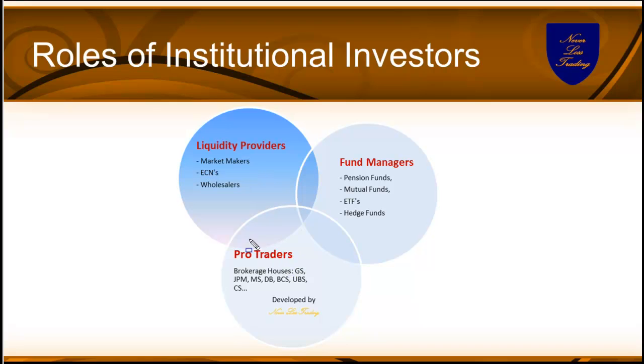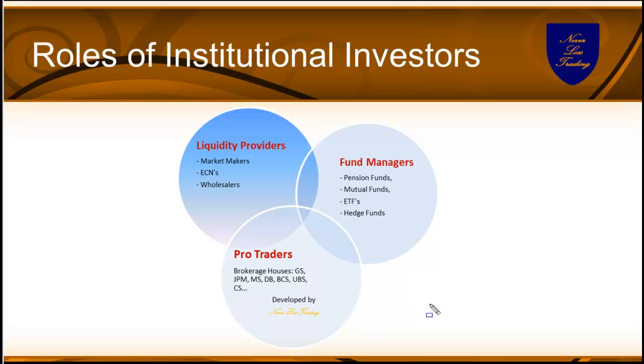Then you have the big bunch of pro traders. Yes, those are the Goldman Sachs, the JP Morgan, Morgan Stanley. They trade their own money, they trade their own account for the assets that they decide to either accumulate or to dispose. And then you have a lot of fund managers trying to do their pension funds, their mutual funds, following with the ETF and hedge fund, the overall market direction.